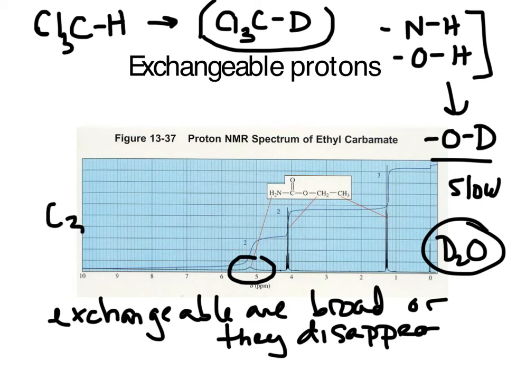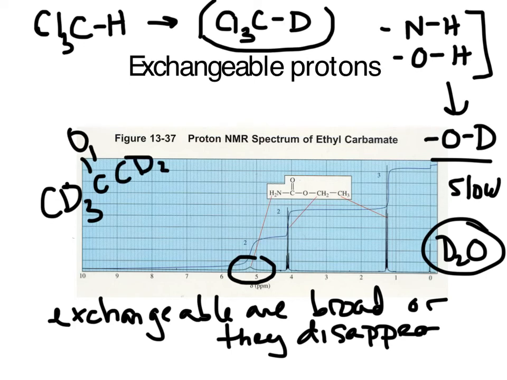Other solvents, such as CD3 acetone D6, will have very slow exchange, and you might actually see a sharp signal for your alcohol. So this finishes up the proton NMR lectures, and we'll talk more in depth about some of these concepts in class.